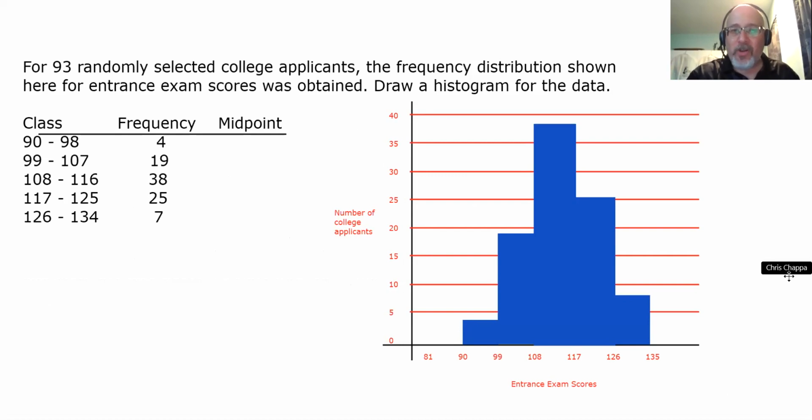All you do is locate the points in the middle of the top of each rectangle, each bar, and literally connect them. There's one. There's one. There's a reason I skipped that one.